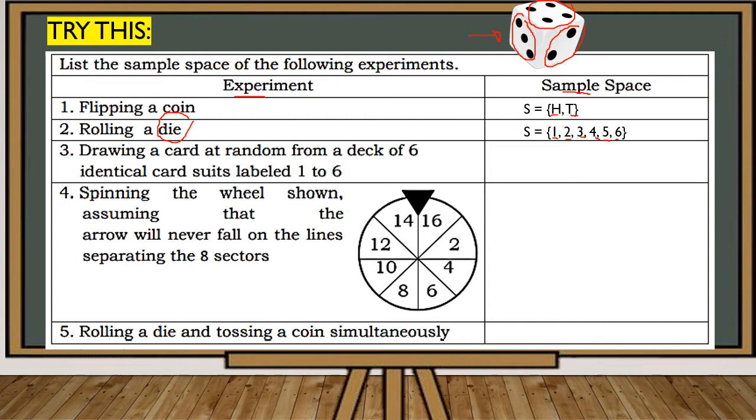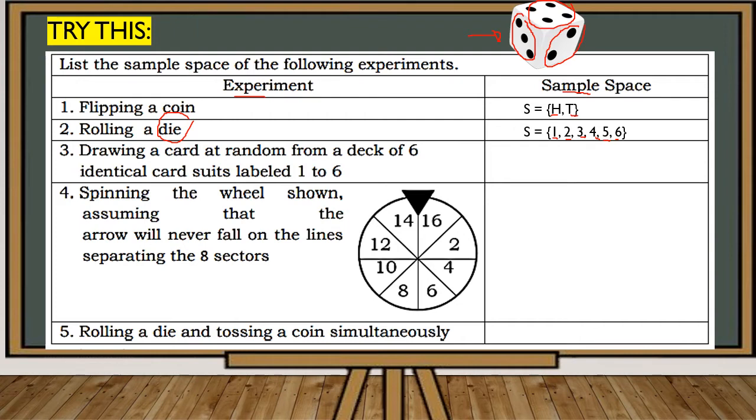Okay. Next, number 3. Drawing a card at random from a deck of 6 identical card suits labeled 1 to 6. So makuha ikaw sang isa ka card at random, of course. You do not know what will happen from a deck of 6 identical card suits.